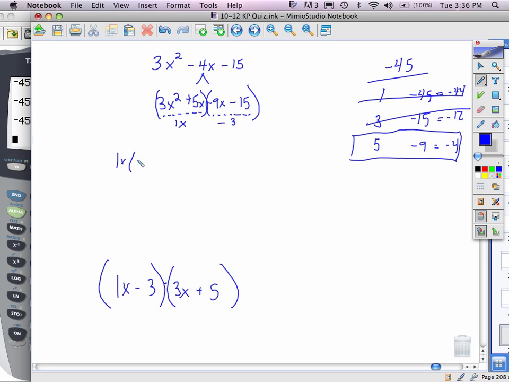If you wanted to see me do the long way, it would be 1x, and I get 3x plus 5, okay, and I would bring out the negative 3, and I'd also divide that out and get 3x plus 5. And then I get my 1x minus 3 and my 3x plus 5.